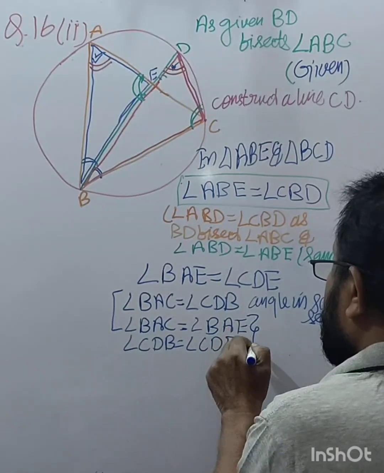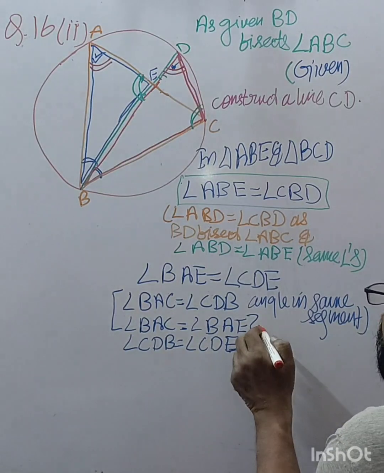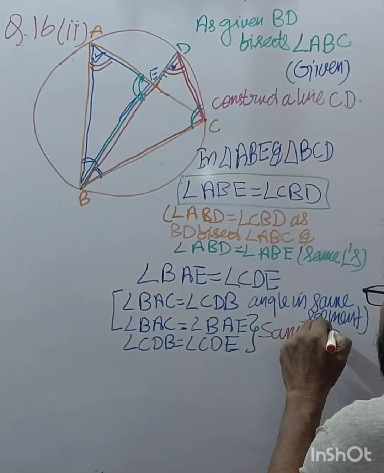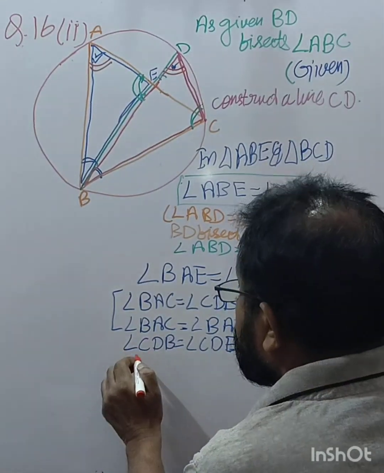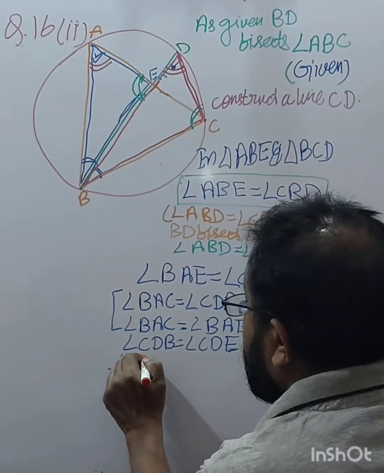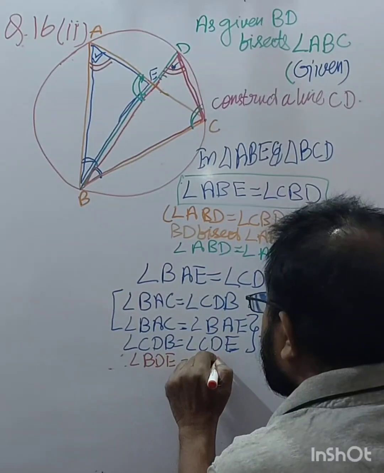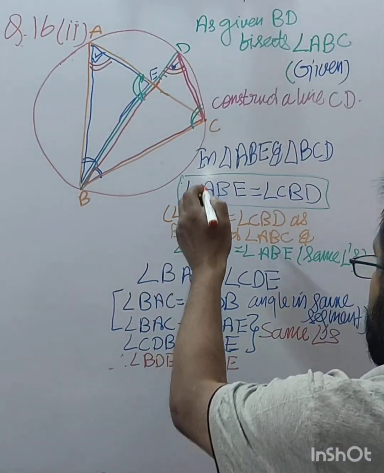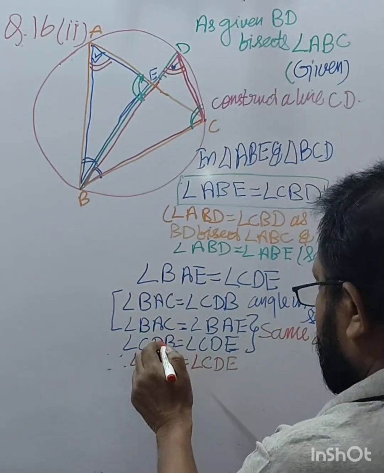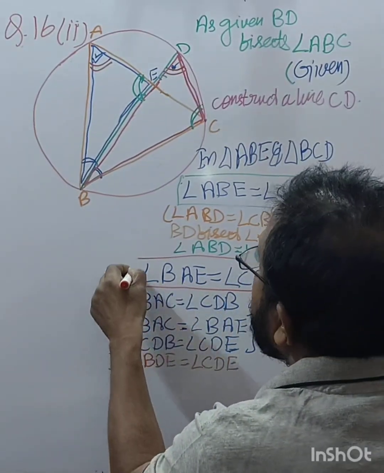They are the same angles. Right? So therefore angle BDE is equal to angle CDE. So this is equal, this is equal, this is equal. Right?